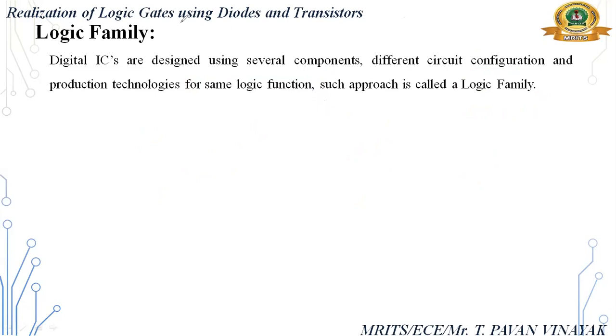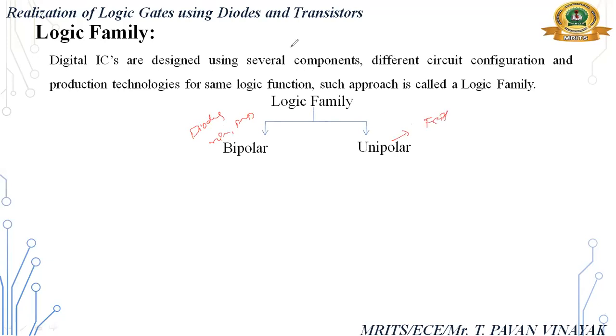Logic family is classified into two types: first one is bipolar logic family, and the other is unipolar logic family. In bipolar we use diodes and NPN, PNP transistors. In unipolar we use FETs, field effect transistors.